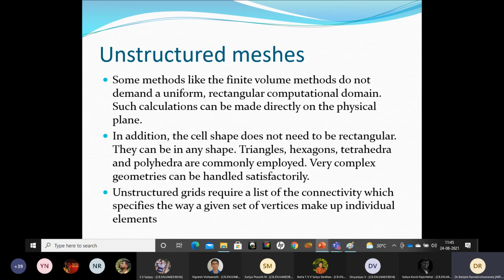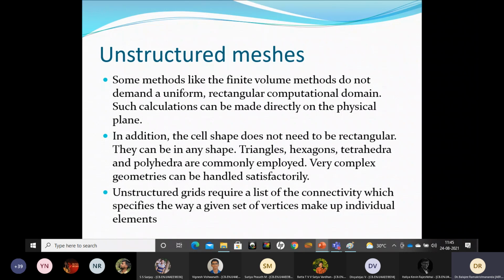When there are complex geometries involved, you can satisfactorily handle them without any need for a rectangular smooth grid structure. But these unstructured grids require a list of the connectivity, as I told you. In 2D, which vertex is adjoining which vertex? That information is called the connectivity list.